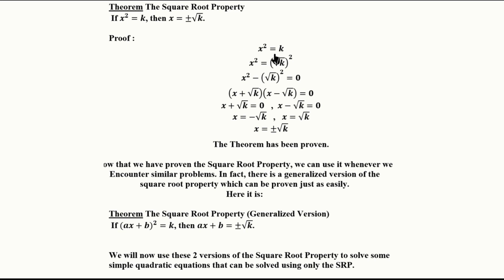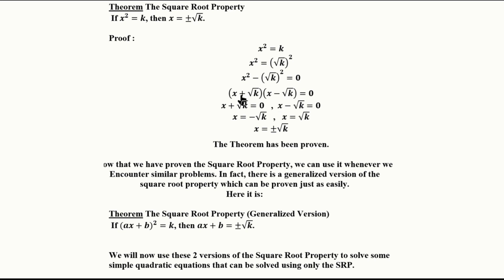So here we start with the given fact that x squared equals k. We go ahead and rewrite k as the square root of k squared, and we move this term now to the left side by subtracting it from both sides, and we end up with this expression, which is the difference of squares. We proceed to factor it using the difference of squares factoring formula.